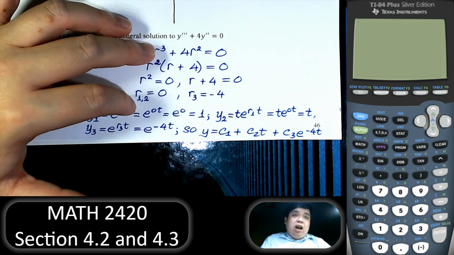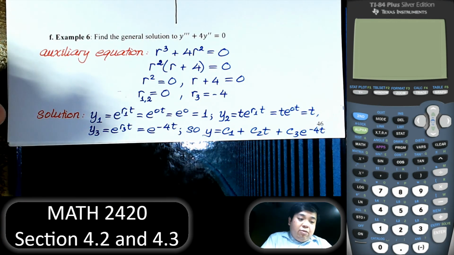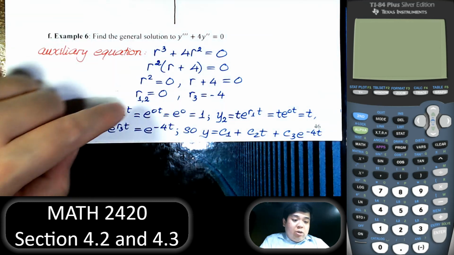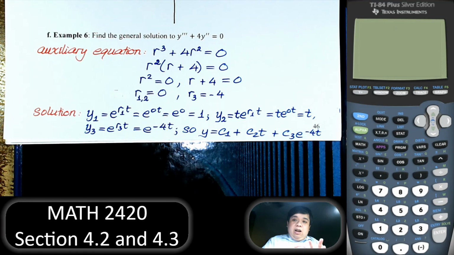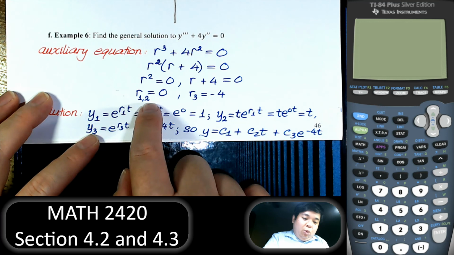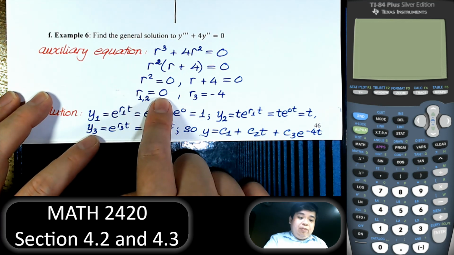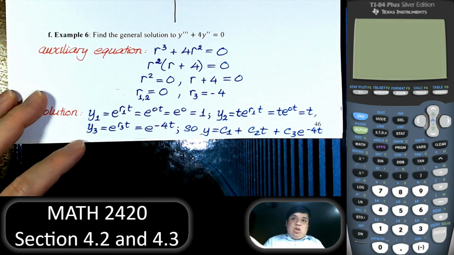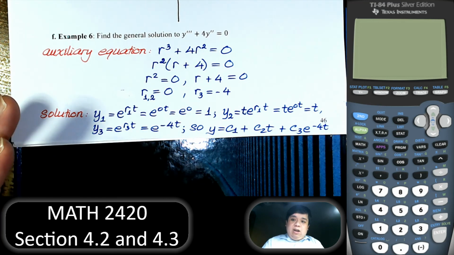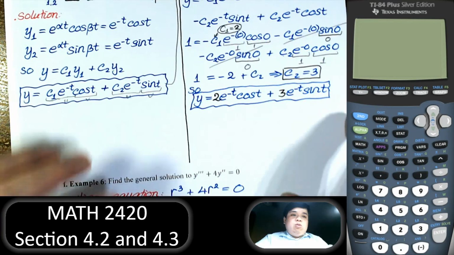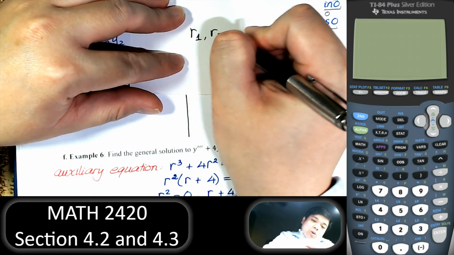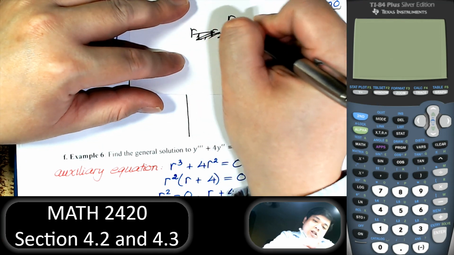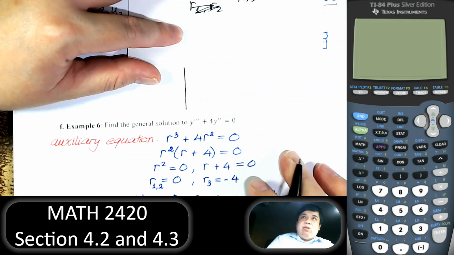Let's say we have a higher degree auxiliary equation. If we have a repeated root, we just stick a t to it to make it different. If we have a triple root, where all 3 solutions are the same, we stick a t in the second one and a t squared on the third one. Let's say r1, r2, and r3 equal 5, for example.